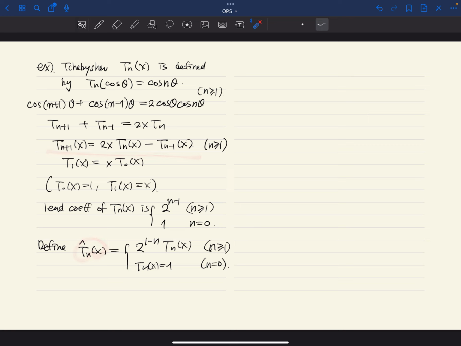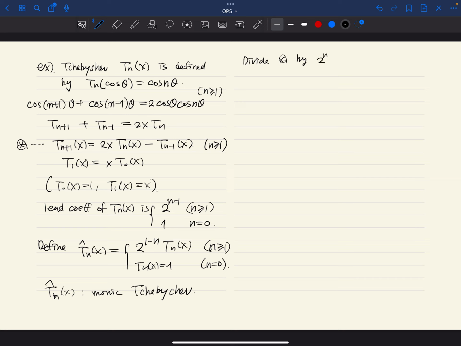So here, how can you make a recurrence relation for T hat n? This is called the monic Chebyshev polynomial. So we have this equation, star, and divide star by 2 to the n.